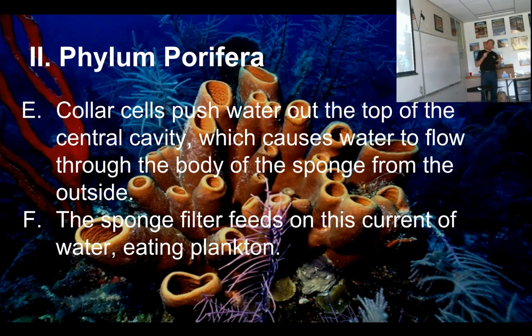All the water inside the cavity is kicked out the top, which then creates a current, causes water to be drawn through the body of the sponge to the inside. And it's that filtering of water through the body of the sponge that traps food particles and gives the amoebocytes something to find and eat. And then the sponge filter feeds on that current of water, and it eats plankton.